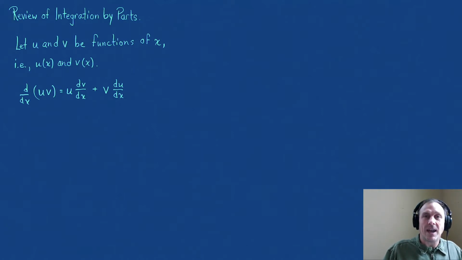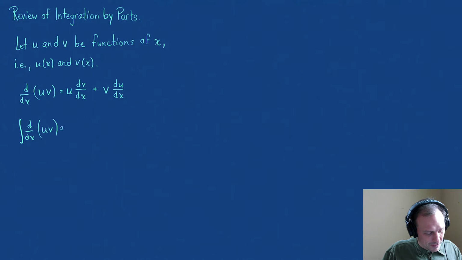Okay, so, well, now we know the answer here. We know the antiderivative of the derivative of uv is uv. But what happens on the right-hand side is of interest. So let's integrate both sides. If I integrate both sides of the function, the integral of d dx of u times v dx equals, and we're going to take the integral of the right-hand side, but remember the integral of a sum is a sum of the integrals.